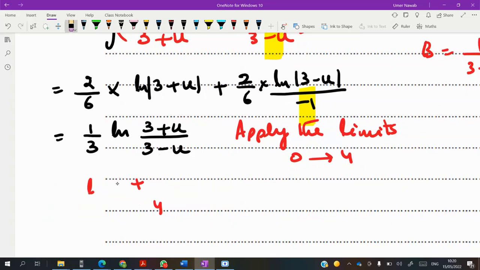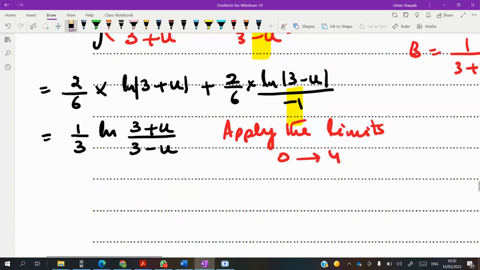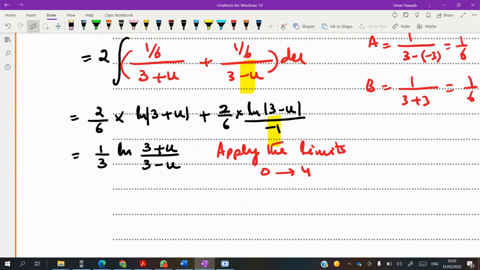Guys, I did not substitute it correctly. These limits are basically for x. What are the limits for u? If you want to plug these limits into this expression, be careful, we have to convert these limits for u. I would suggest it's better to convert it into an x expression.